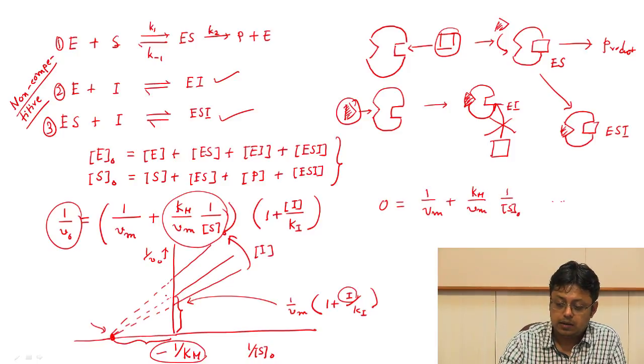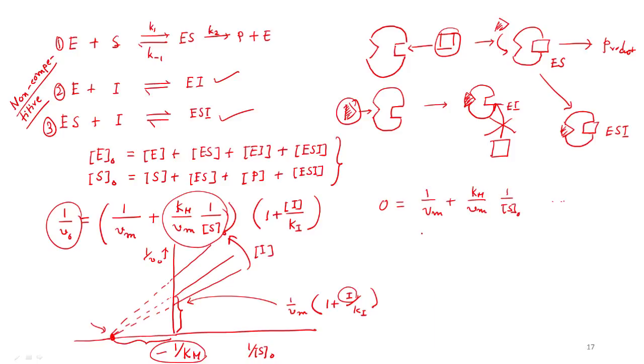So by looking at the Lineweaver-Burk plot, if we just ask how it looks as we vary the enzyme inhibitor concentration, if it looks like this versus if it looks like this, then we can readily figure out what is the nature of the competition. So this will be the competitive inhibition pathway, and this will be the non-competitive inhibition pathway.